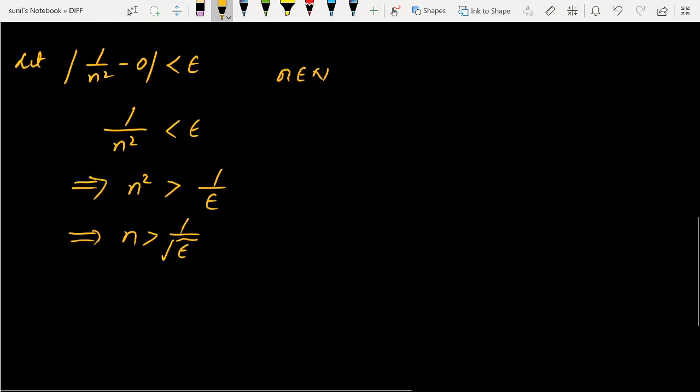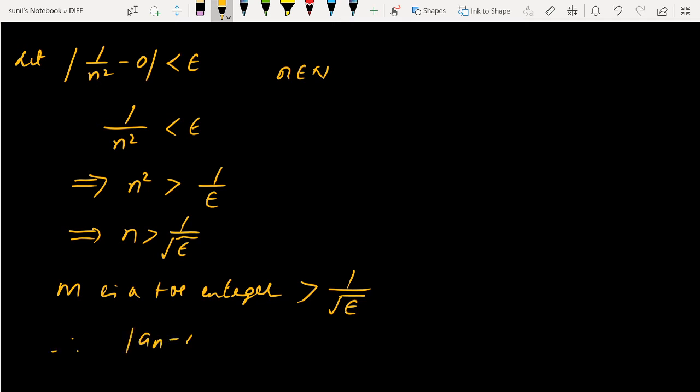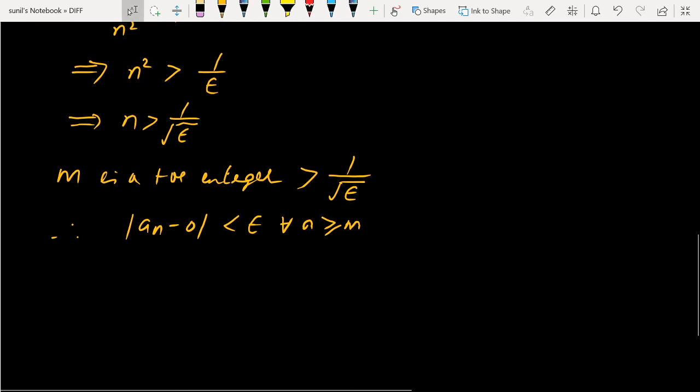Now if I take m to be a positive integer greater than 1 by root epsilon, then we are done. Therefore mod a_n minus 0 is less than epsilon for all n greater than or equal to m, where m has to be greater than 1 by root epsilon. So therefore the limit as n tends to infinity of a_n is 0.